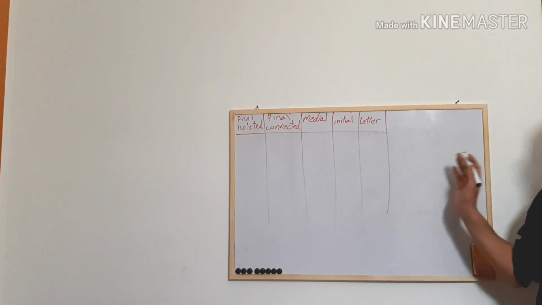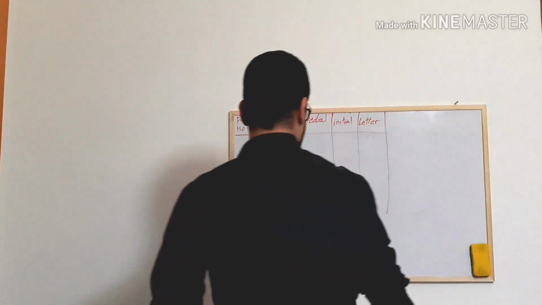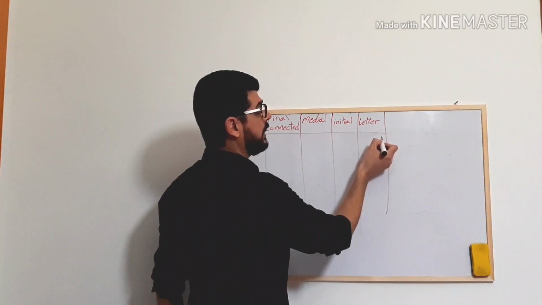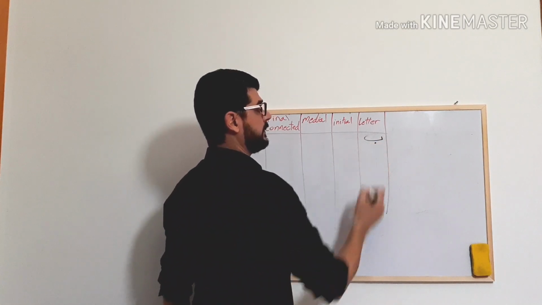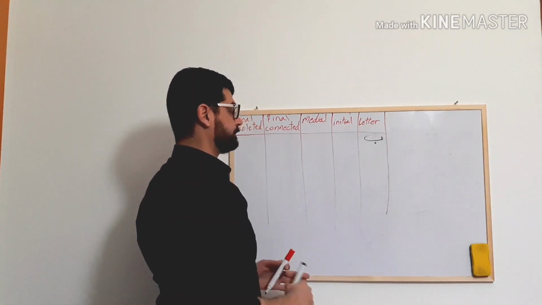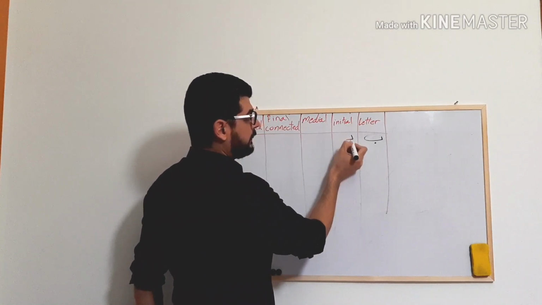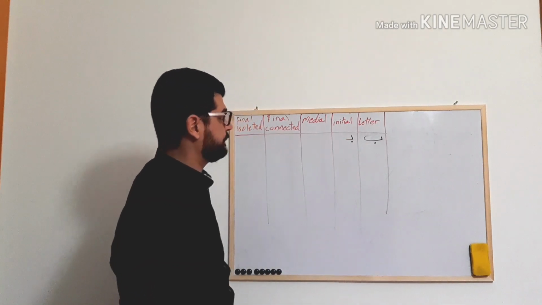So my friends, here's our table. As we said before, here we will write our first letter, Ba. In the beginning, it will be like this.